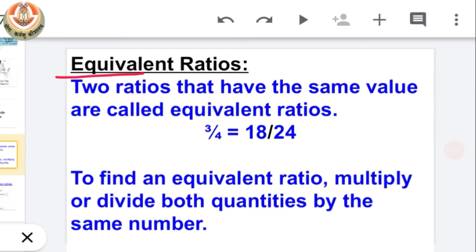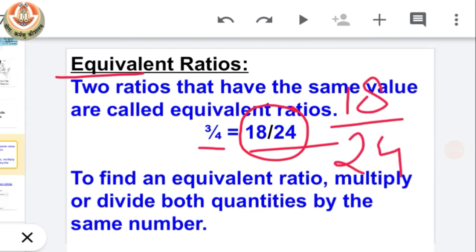You can see here we have given two ratios, and when we solve them to the simplest form, for example, when we divide both numerator and denominator by 6, what will we get?